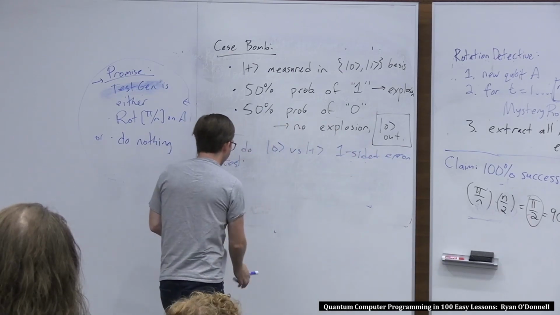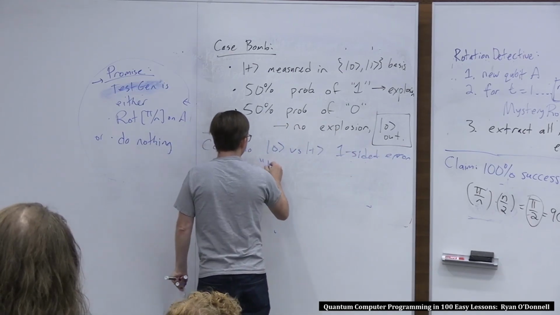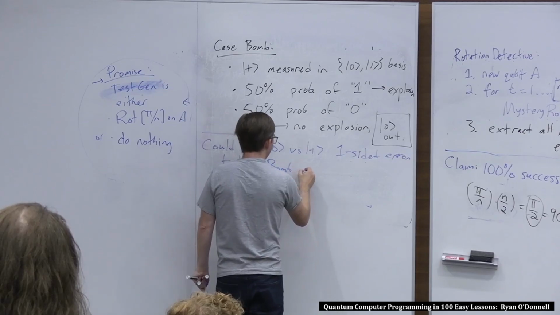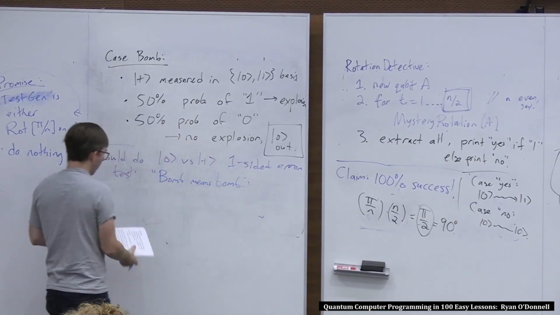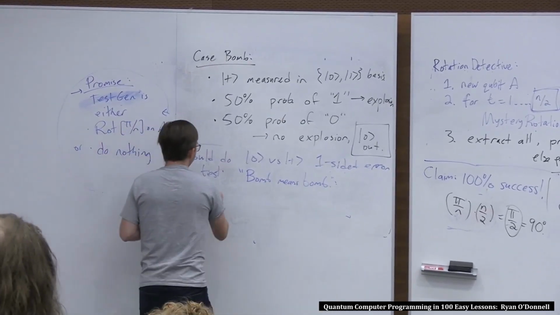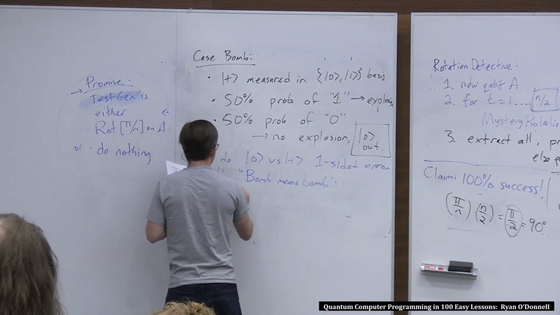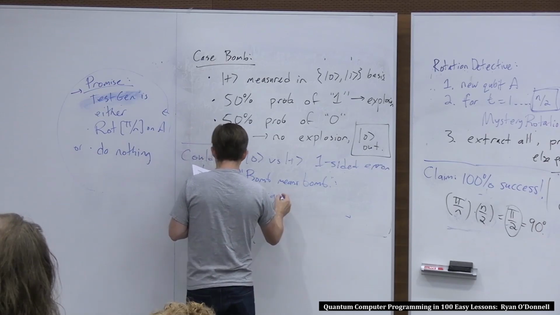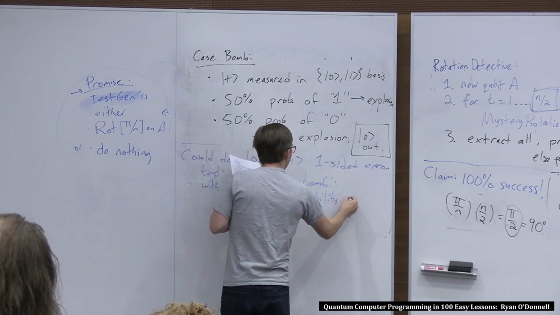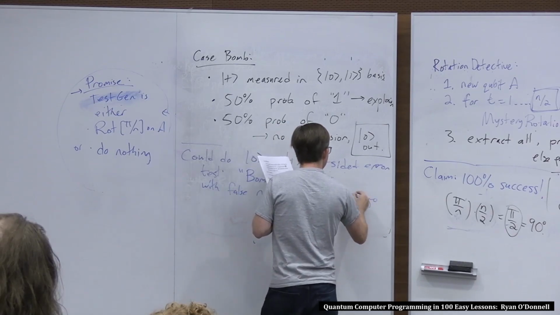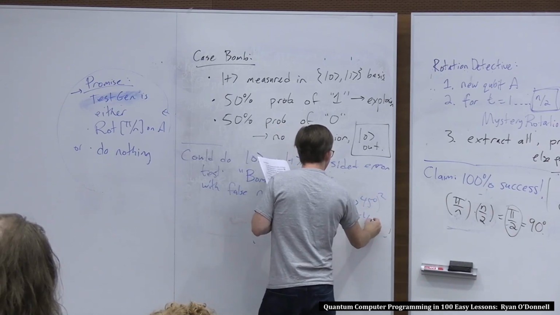So let's say you do the bomb version. I don't know if this is false positive or false negative, so let me just say it's this kind. With false negative, according to my notes, the probability is cosine 45 degrees squared, which is a half.